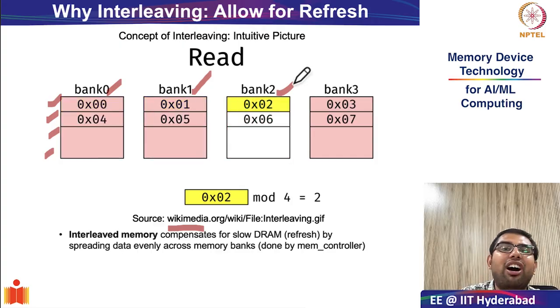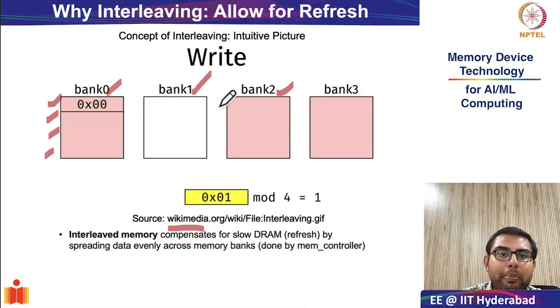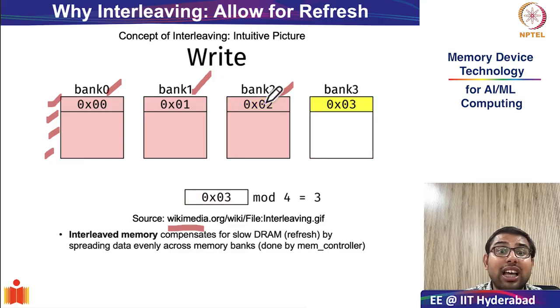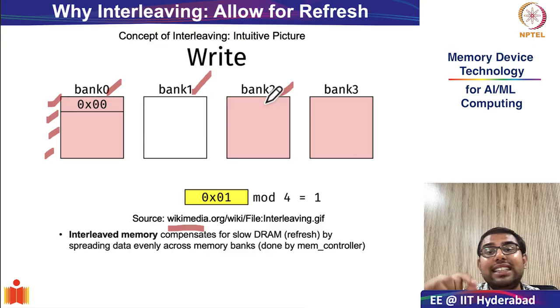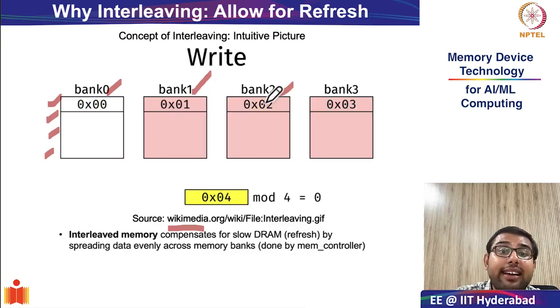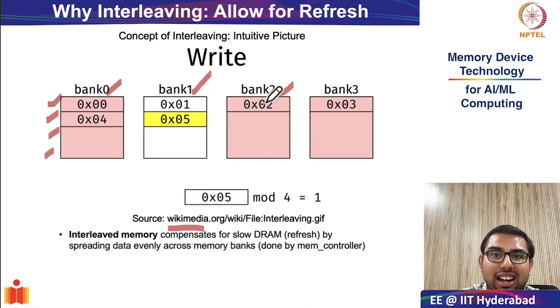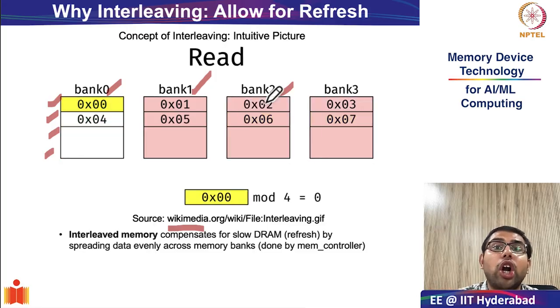You are doing this because, as you can see in the animation, whenever a bank is red, it means that it is not operational, not functional, not available for reads and writes. Why is this the case? Because remember, DRAM consists of this 1T 1C cell. This 1T 1C cell has to be dynamically refreshed again and again to remind it what was the data that was stored in the storage node.